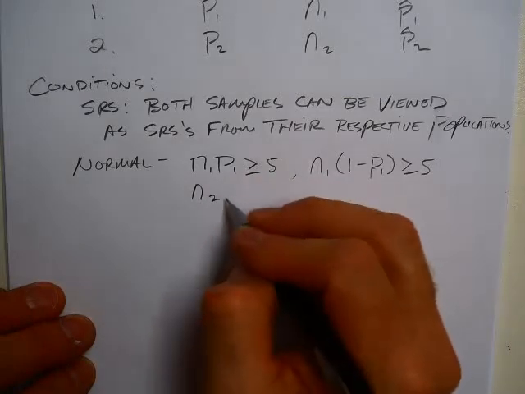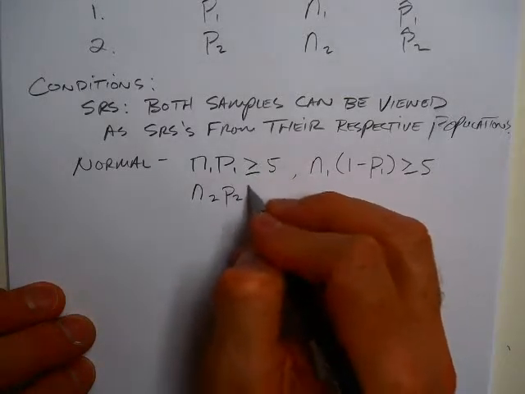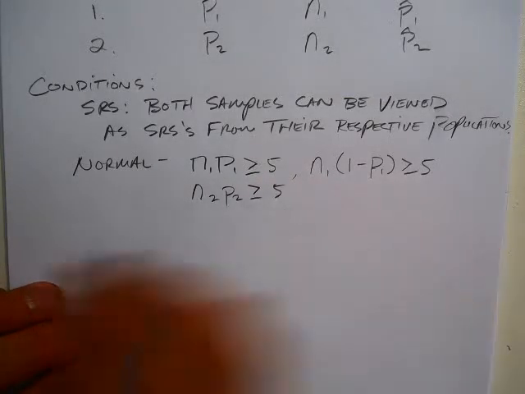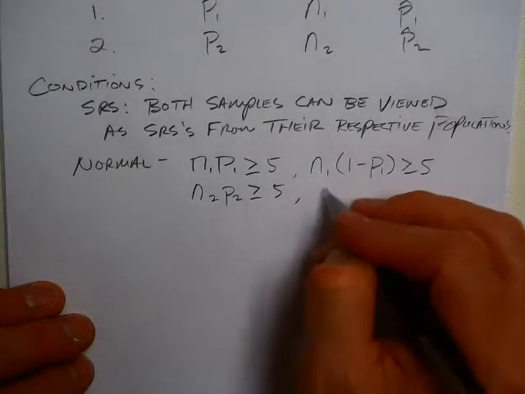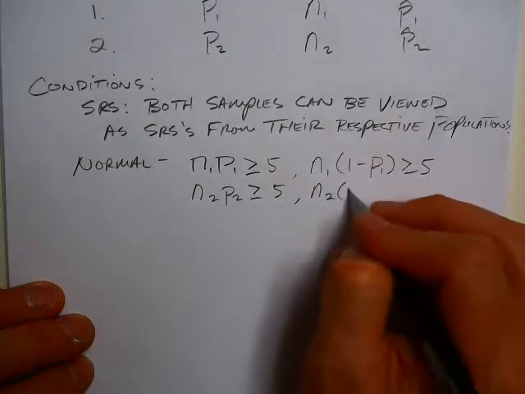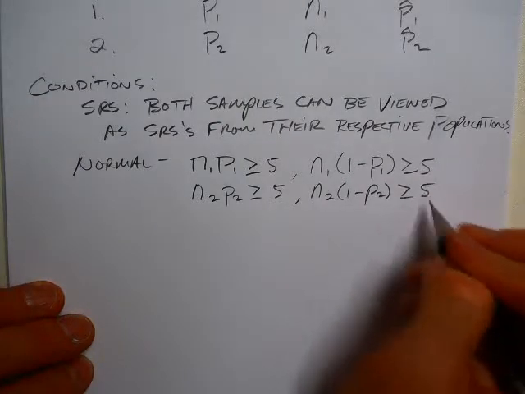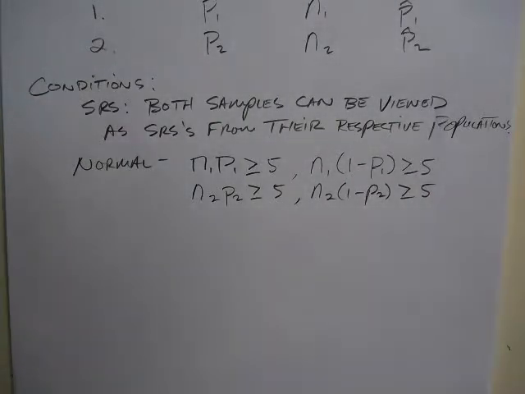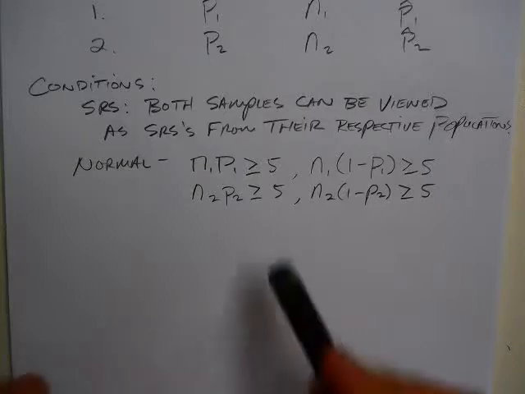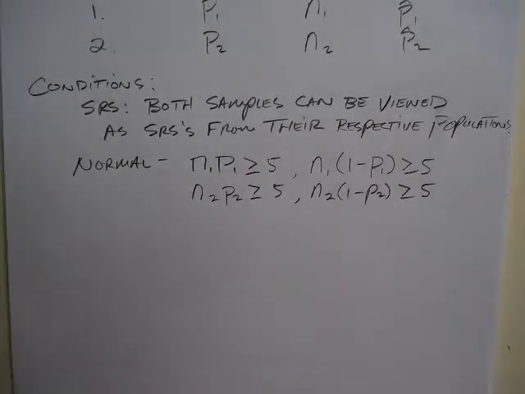N sub 2 times P sub 2 greater than or equal to 5. And N sub 2 times 1 minus P sub 2 also greater than or equal to 5. So I guess the 10 is there, it's just combined between the two proportions.